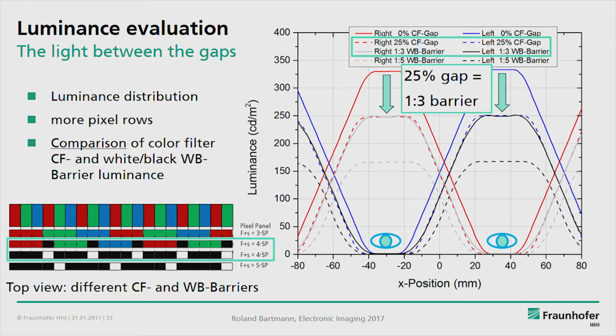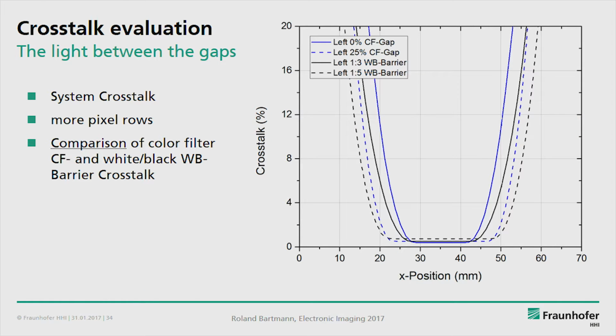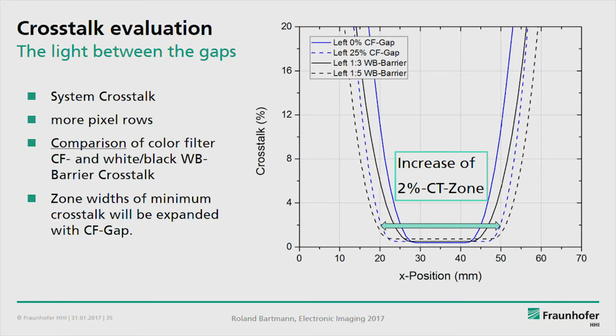But the black and white barrier related to our color filter approach is the 1 to 3 barrier. Yeah, you can see here. Okay. What's the difference between these 2 barrier types? If you look at the crosstalk at the minimum range, then we will get with the color filter approach an increase in the plateau width of about 10 millimeters or so, and that's a lot, I think.